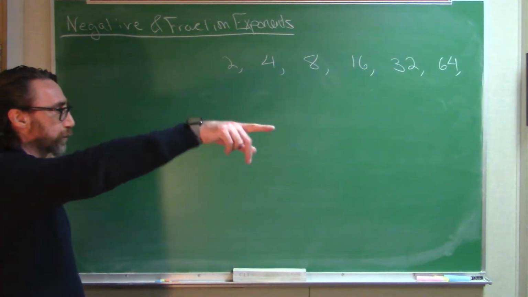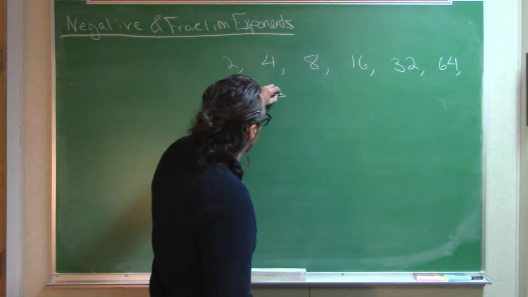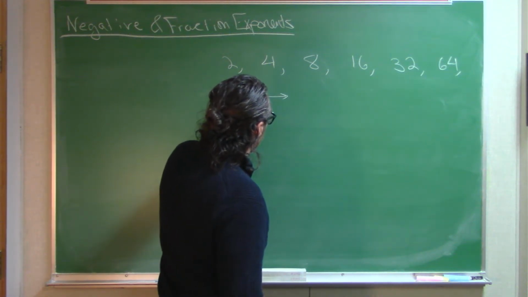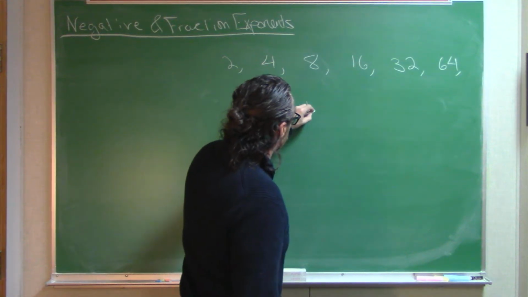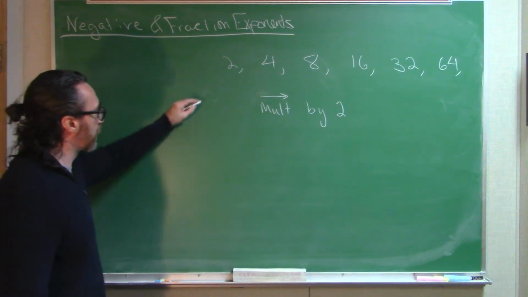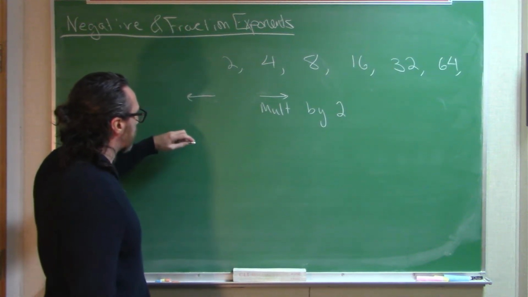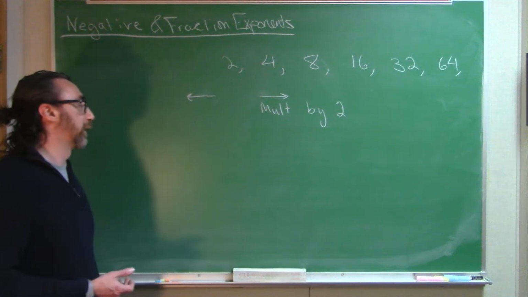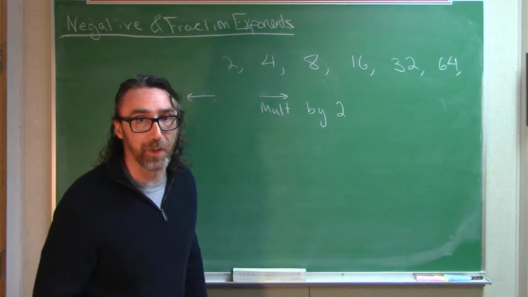So to move to the right, I would multiply by 2. Now, I'm actually more concerned about moving the other way. If I want to move to the left, what would I do? Well, I would do the opposite of multiplying by 2.